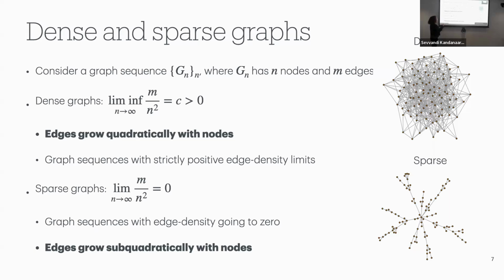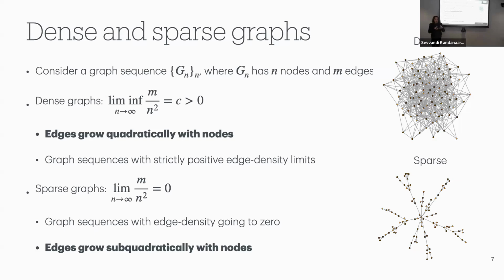Then m divided by n squared is like your edge density. If m over n squared is bounded below by a positive constant as your sequence goes to infinity, then those graphs are called dense. But if m over n squared goes to 0, meaning the edges grow subquadratically with the nodes, then that sequence is sparse.